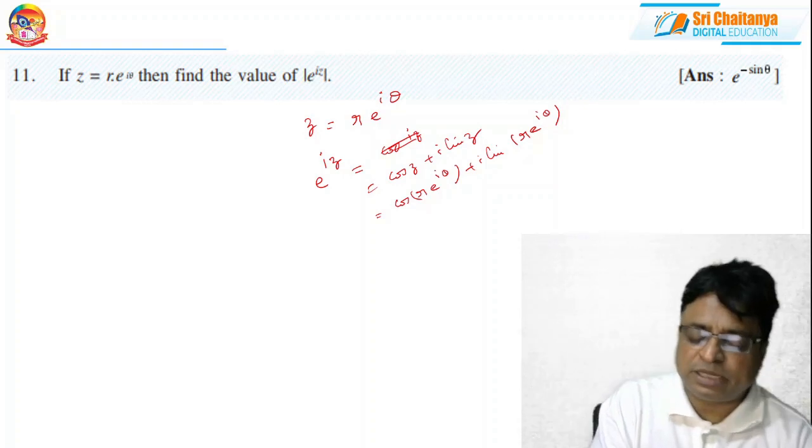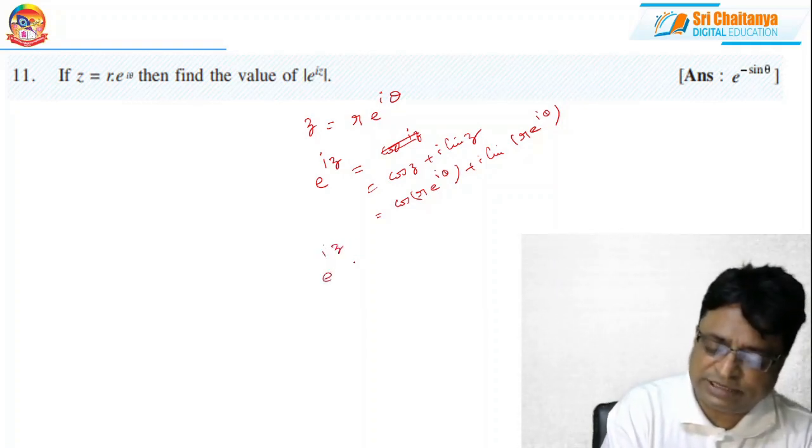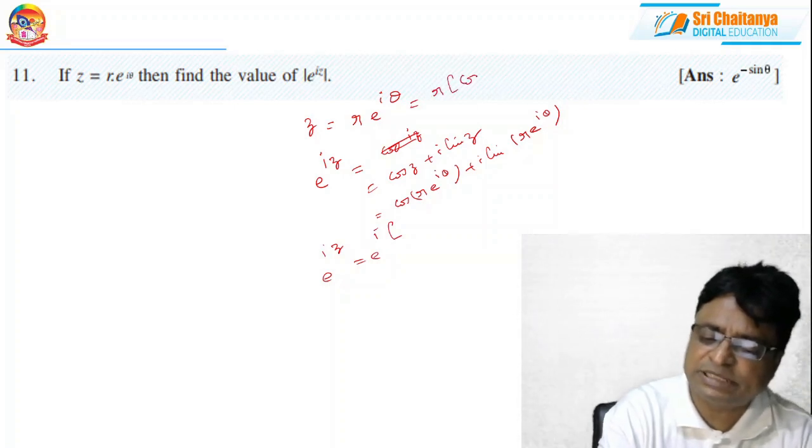Because e power iz, I can do like this: e power i into z, and what is z? z is equal to r e power i theta, you know, r into cos theta plus i sin theta.